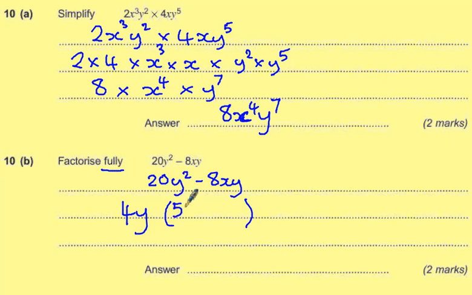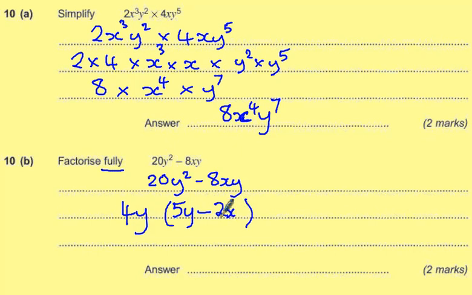Now, 4 times what number makes 20? 4 times 5. We don't need an x here because we haven't got an x term in this one. y times y will make y squared. The sign remains as a negative in the centre. Now 4 times what number makes 8? That's 2, and I need to have an x here.